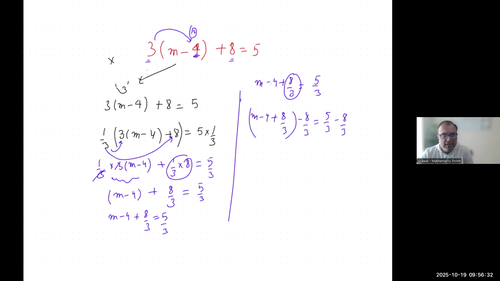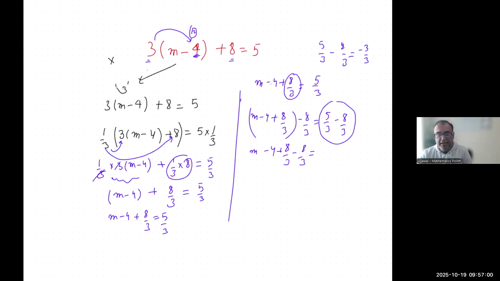Next, open the brackets up. Plus 8 on 3, negative 8 on 3 equals to, this involves a bit of a fraction. 5 on 3 take away 8 on 3 is negative 3 on 3. This is basic fractions.